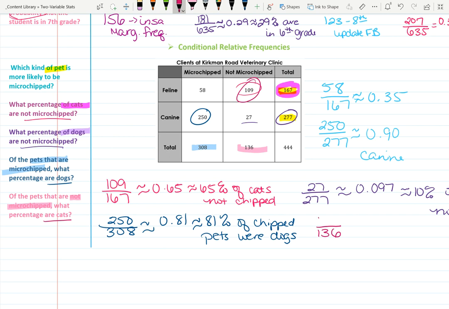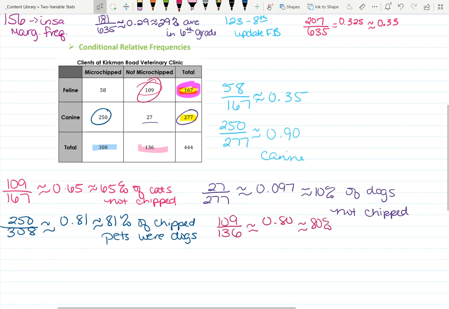So we're going to use that 109 number again. So about 80% of those that are not chipped are cats.